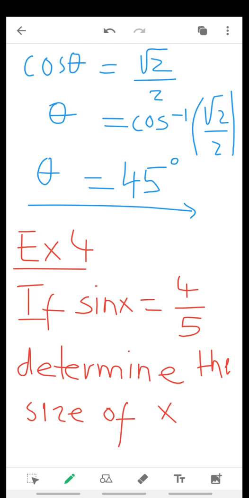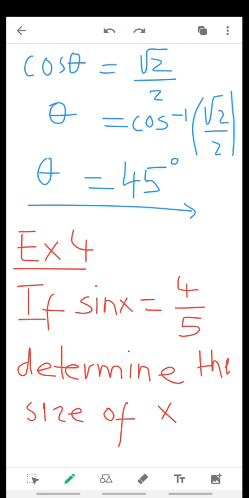This is an inverse of cos. Inverse of cos. That is not exponent minus 1. Please don't say 1 over. Very important. So, we are getting theta being equal to 45 degrees. I hope that is very, very clear. Now, well done. Let us go to example number 4.